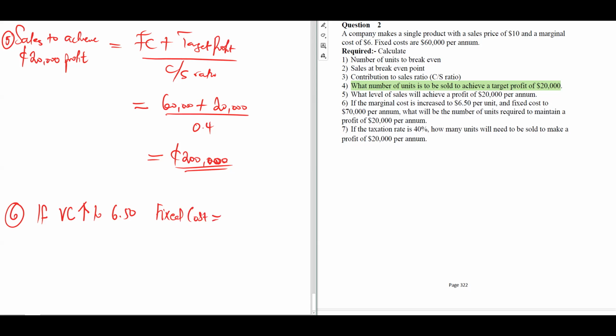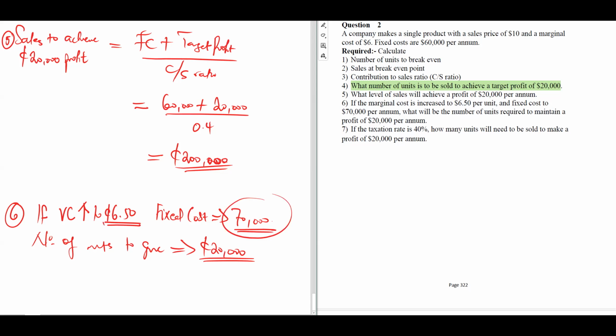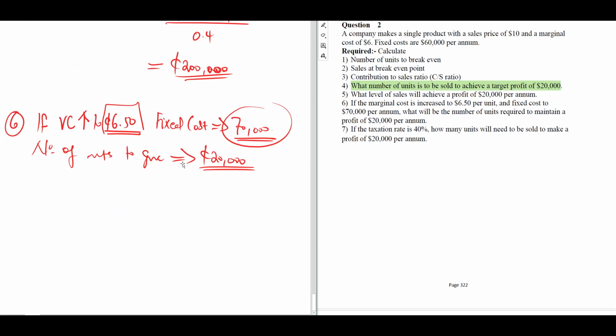Anytime there's a change in a variable, check how that change affects your contribution. Will contribution be affected in this case? Yes, because variable cost has been affected. But when fixed cost changes from 60,000 to 70,000, it doesn't affect contribution. So this is what we call a target profit decision.